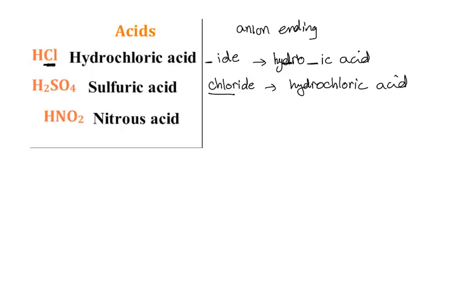Let's look at the next one. H2SO4, so SO4 is my anion. SO4 is sulfate. So if your ending is "ate," then the name of the acid is ic acid. So basically it's kind of like the first one except without the hydro.